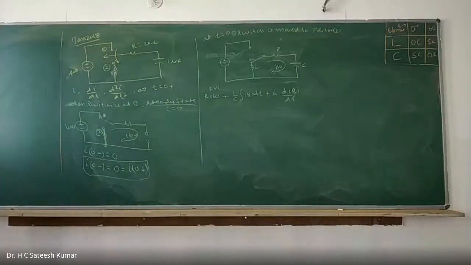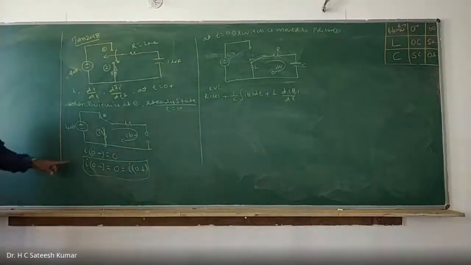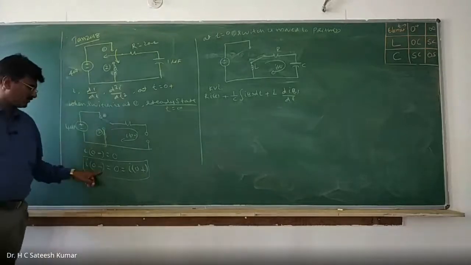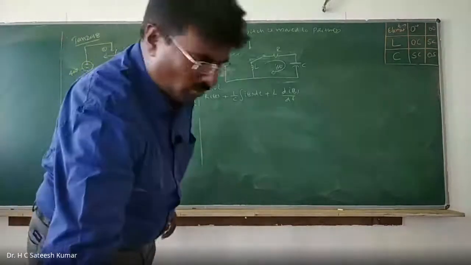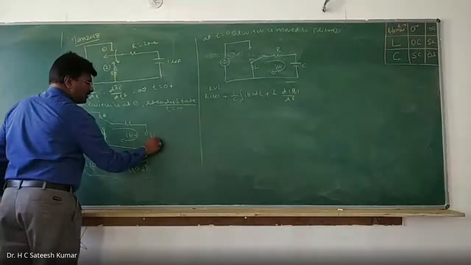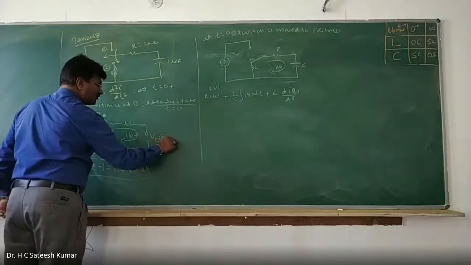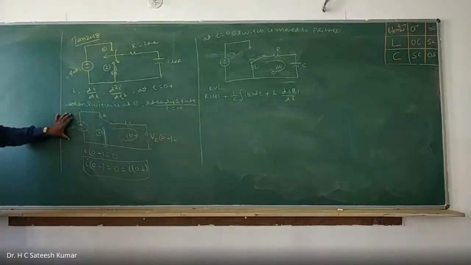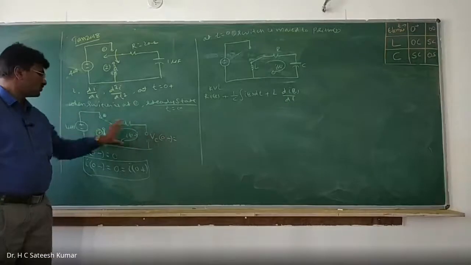Okay, right. Now, one more thing we should observe here, it's very, very important. What is the current? I of 0 minus is equal to I of 0 plus. What about the voltage across the capacitor? VC 0 minus. Since it is open circuited, whatever the voltage is there, the same voltage will exist across this one. So what is the voltage?